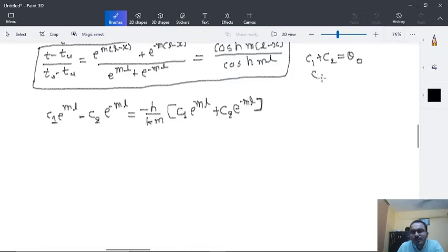So what we are doing right now is C2 is equal to theta 0 minus C1.